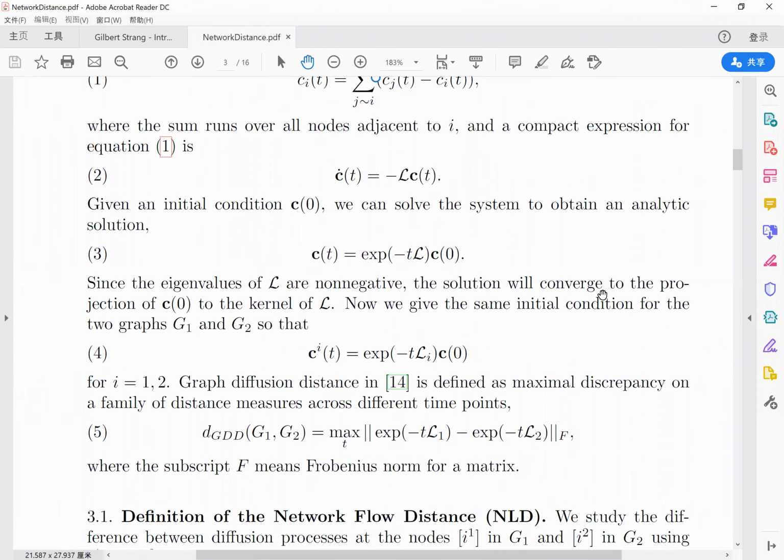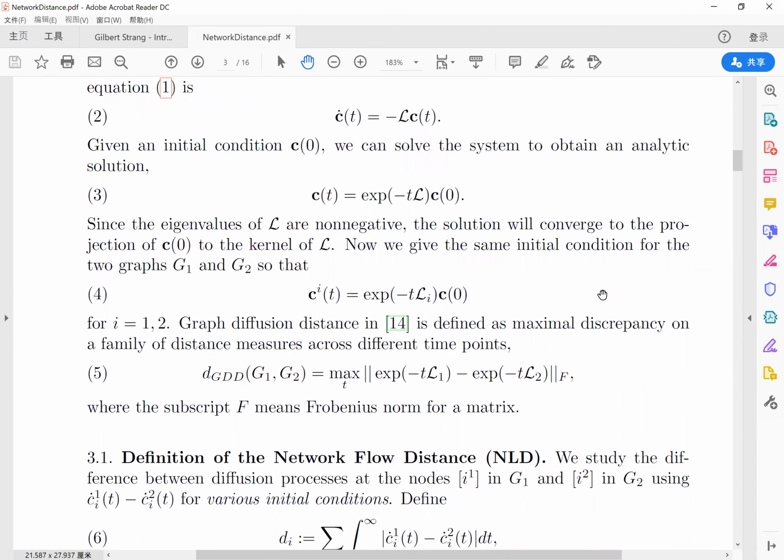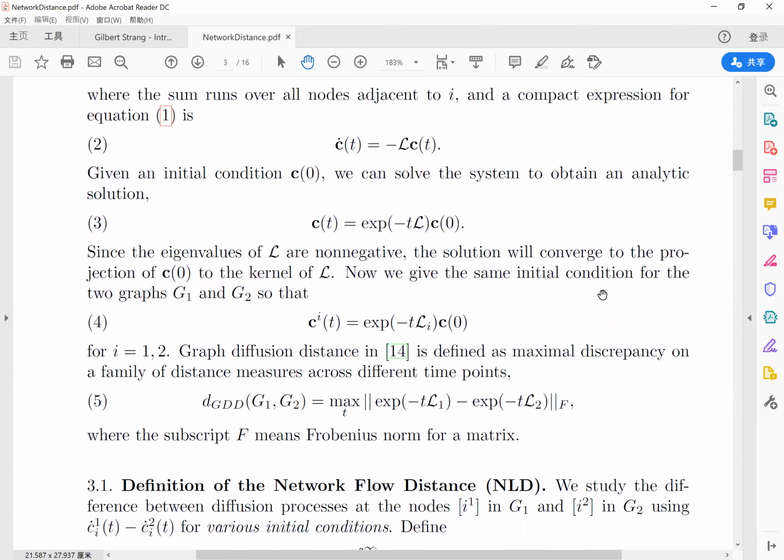So we can solve for a vector. We assign certain values to the nodes locally and see how they diffuse over time, so we get a time-dependent vector. Then we use this time-dependent vector to see how things diffuse differently on two graphs, to define the difference, to define the distance.